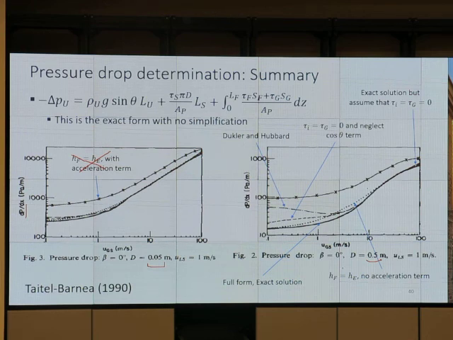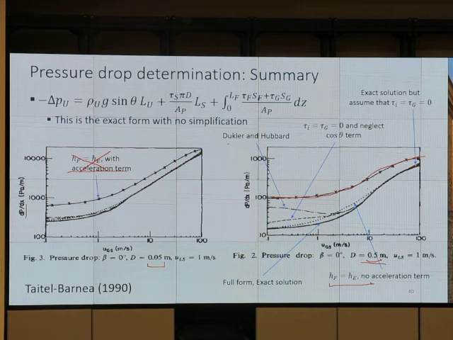Now let's take a look at the big pipe, 0.5. HF equal to HE, no acceleration term, is the dotted line, it's close. But if we put the acceleration term in, it's far away. Right?